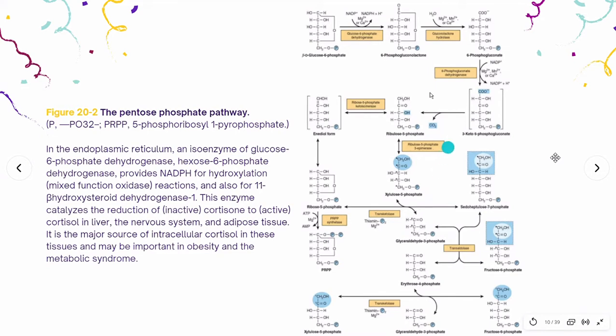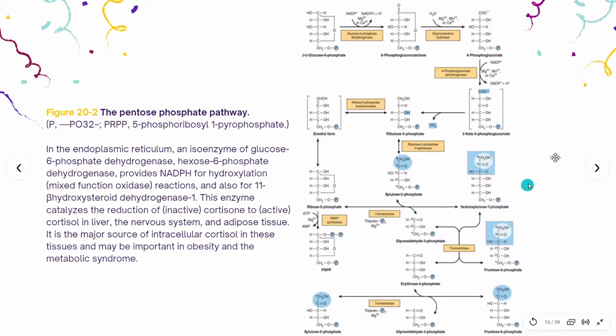Now, I want you also to note that the pentose phosphate pathway is also dependent on thiamine. What is thiamine? What vitamin is thiamine?